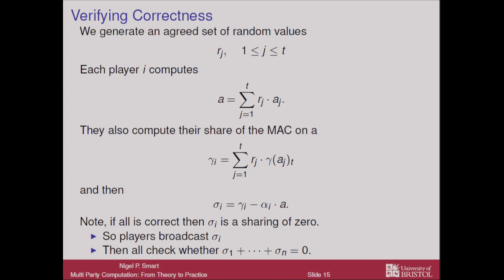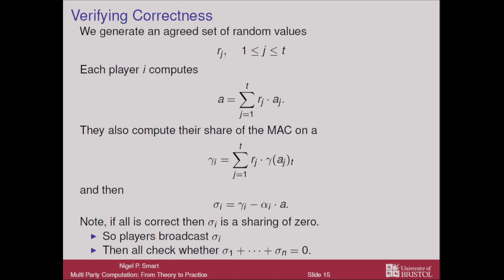And we do that once and for all at the very, very end of the computation, in that we generate some random values between us that we all agree on. We then just form a single value by adding up all the partial values. We form a single MAC share by adding up all the various MAC shares with those random values. And then we form the values sigma_i.